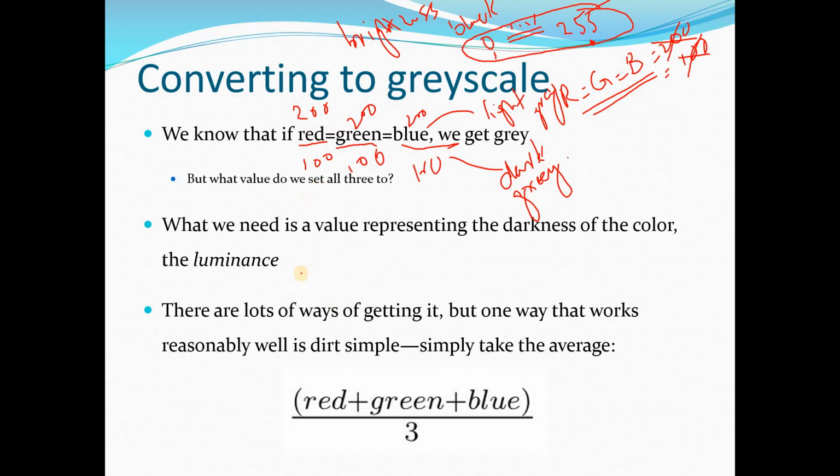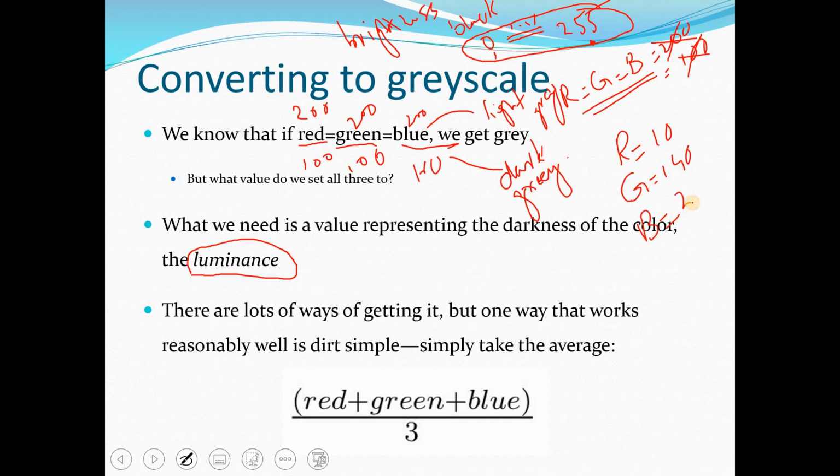How do we convert a color image into a grayscale? That's the discussion here. We need a value that represents the darkness of the color, and that is basically the luminance. For example, if there is a pixel with three color values, R is 10, G is 140 and B is 251.